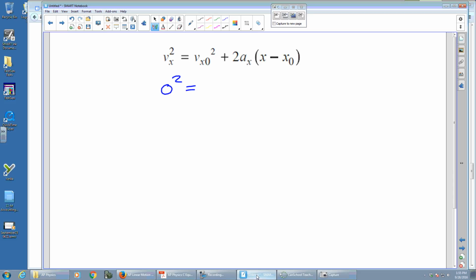So I have 111 kilometers an hour, and so I get 30.833 meters per second.